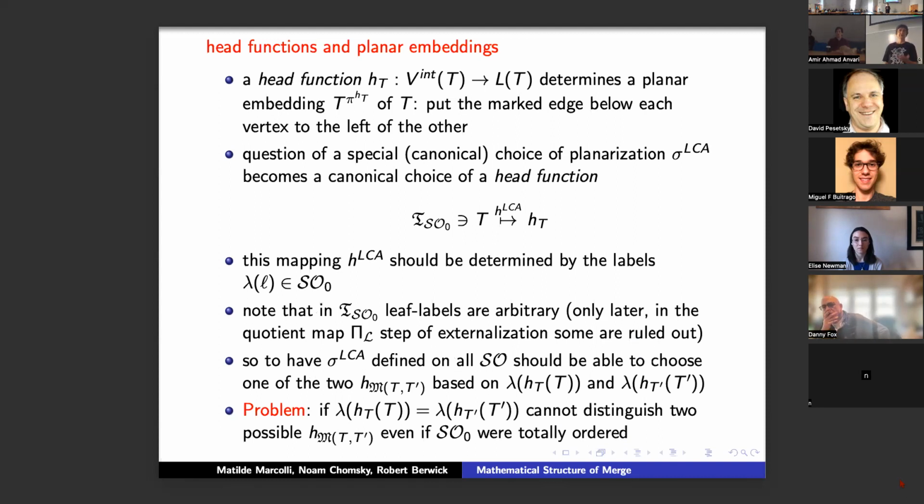Put all the black edges on the left and all the white on the right. At each pair, I have to choose how to put it in the plane, this way or that way. And so, put all the black edges on one side. If that was my way to go through the tree, I get a head initial embedding. If the other way, I get a final embedding. So that's one way to say that these head functions are also determining an embedding.